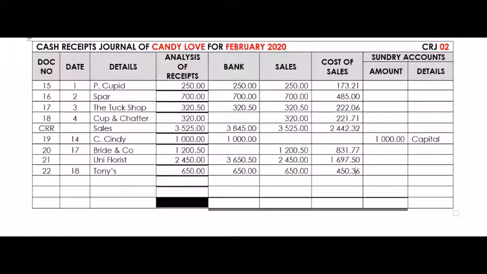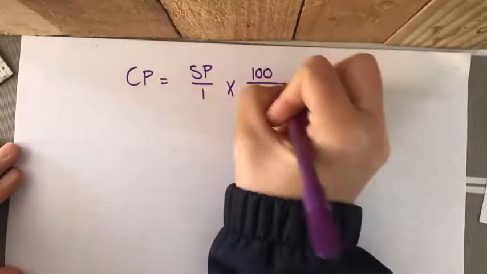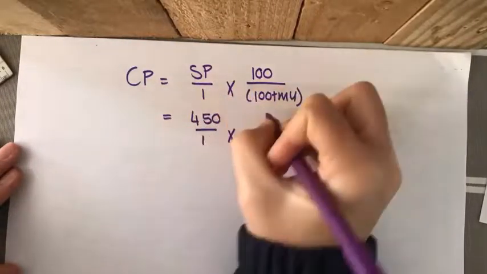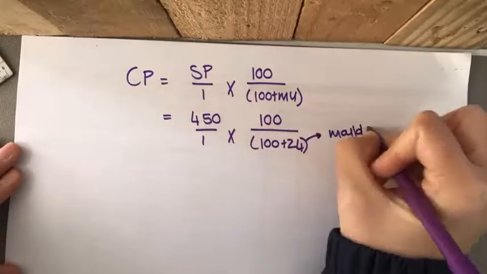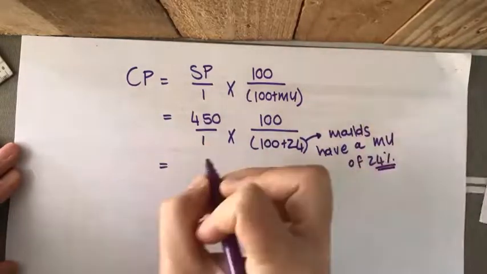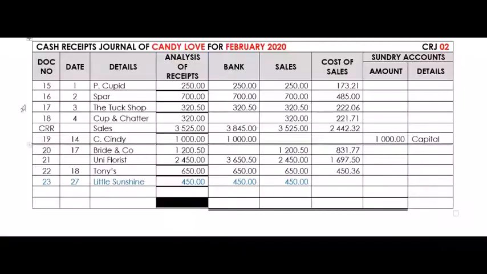In your CRJ, you will say receipt number 23 on the 27th to Little Sunshine, 450 Rand. It's the only transaction for the day, so put the money in your bank and in sales and calculate your cost of sales using that 24% markup percentage. And write the answer here.